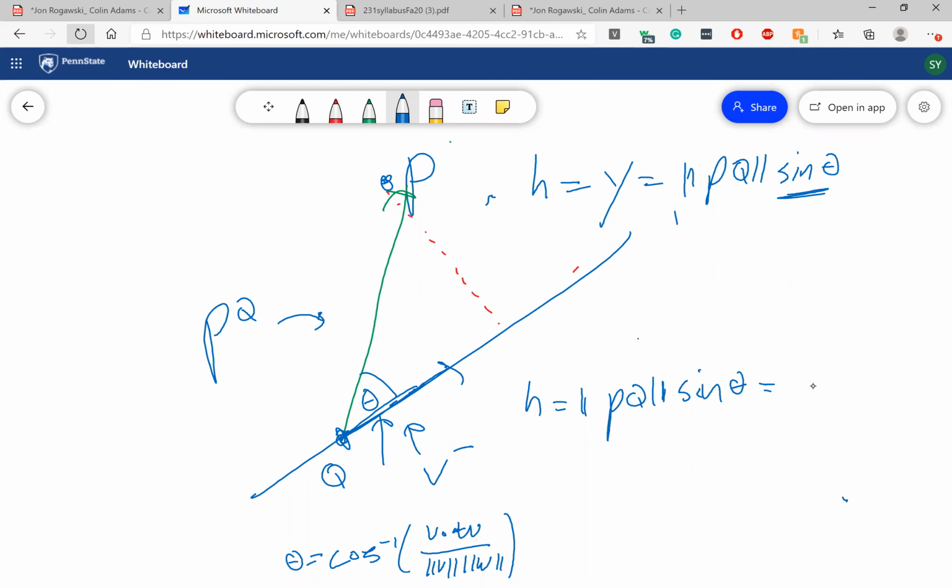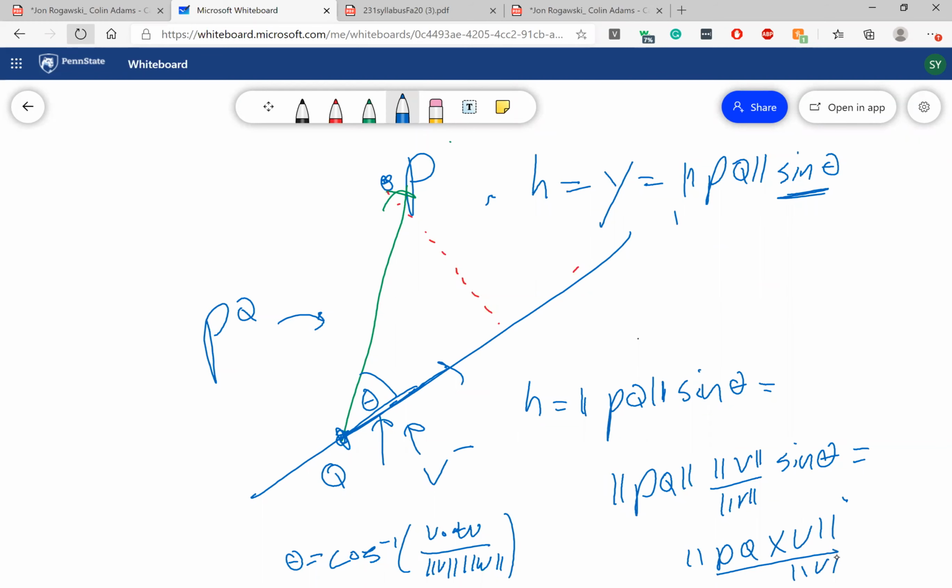So this is also going to be equal to the magnitude of PQ times the magnitude of V over the magnitude of V times sine of theta, which is equal to the magnitude of PQ cross V over the magnitude of V, which means that your height is this, and so you can use this to find your height.